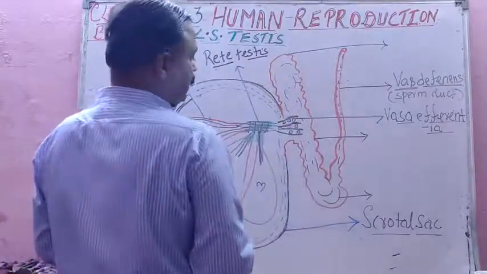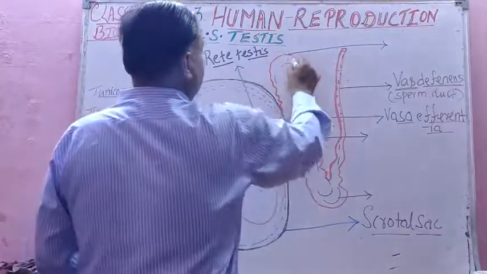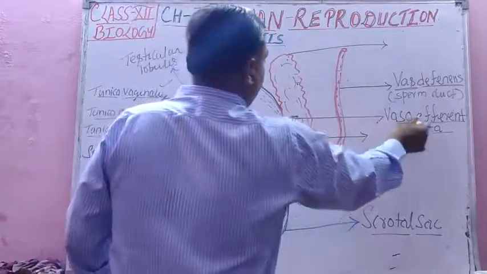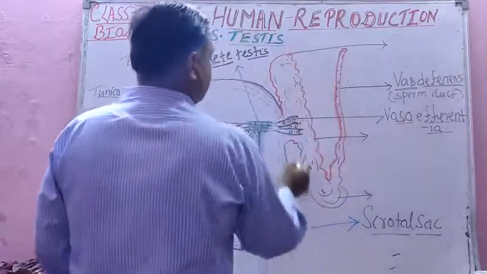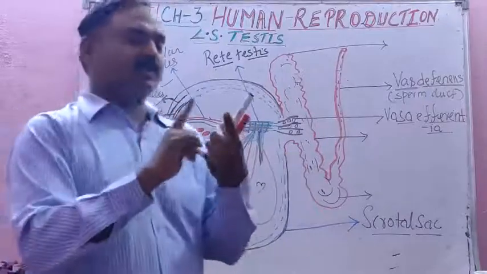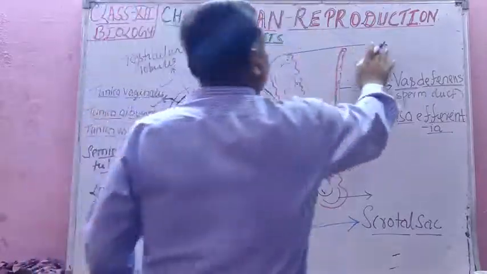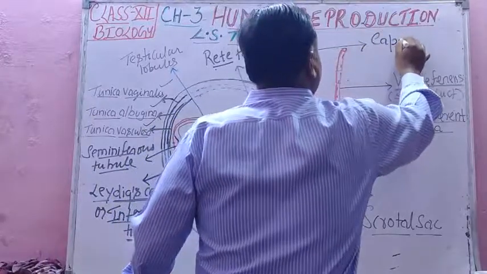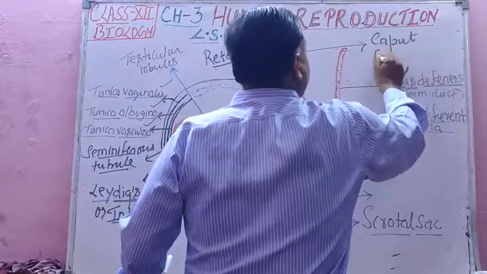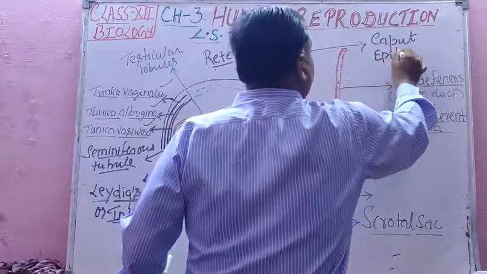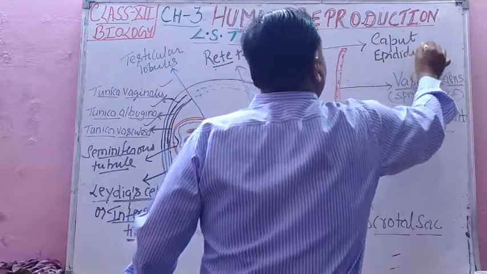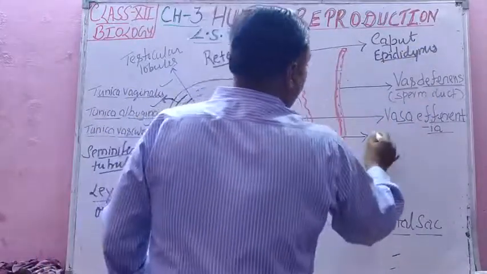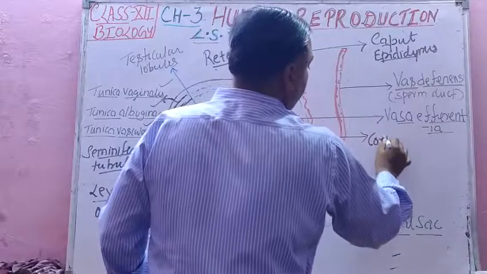Student, observe this last concluding part of this LS very carefully. This is vasa efferentia and this is epididymis. Epididymis consists of three parts. The upper is called caput epididymis. Caput means the head. Then the main body is called corpus epididymis.